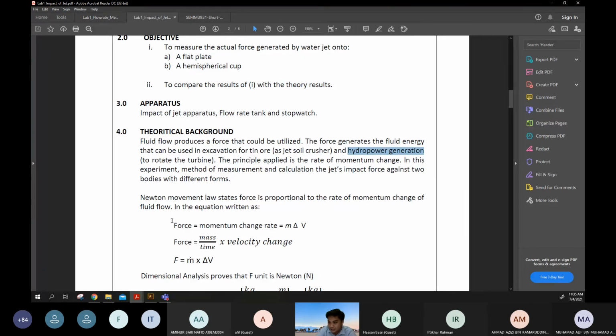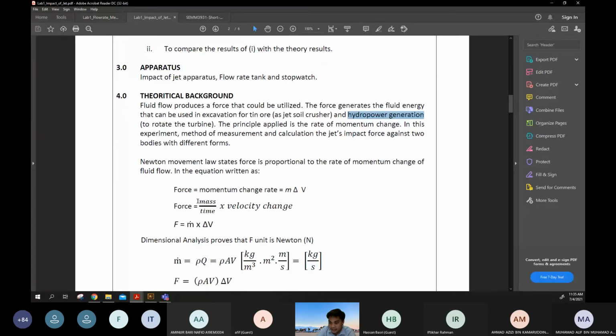Can you see here, based on Newton's second law of motion, F equals ma, which states that F equals the momentum change rate. Basically this is F equals ma. Why? You can see mass multiplied by acceleration, which is velocity divided by time.